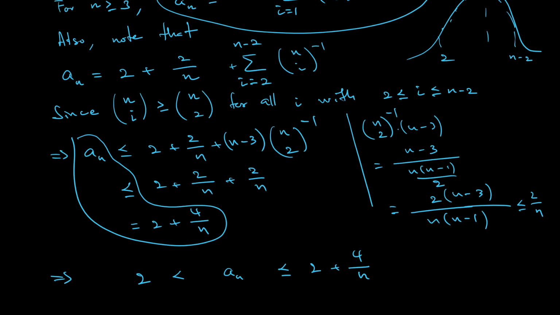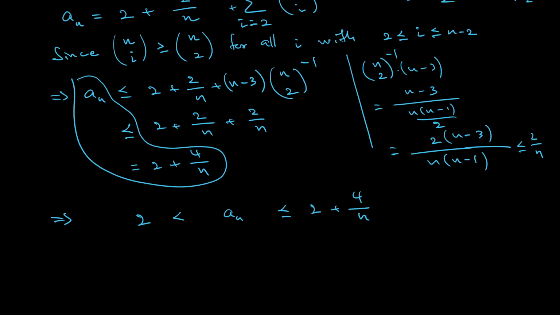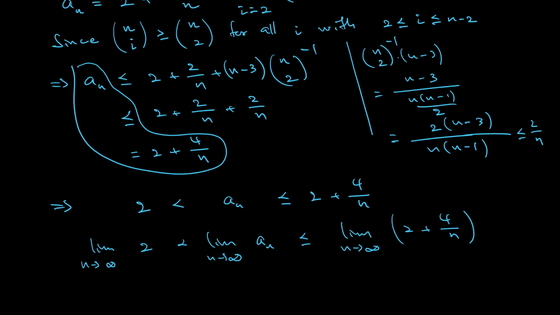Okay, so it is not hard to see that when you take the limit as n goes to infinity, up to 4 over n, obviously this is still a 2. This is what we want.